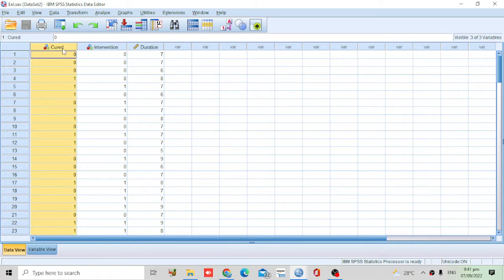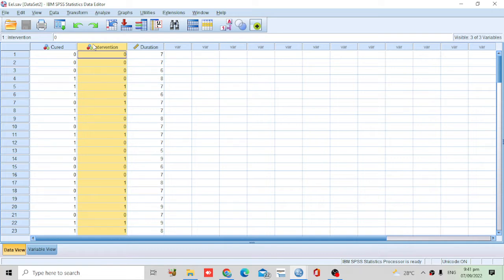That is what we call binary outcomes. So it is actually the probability of having a patient cured, which is equal to 1, and the probability of a patient having not cured. Then for the independent variable intervention, we have two levels, which is actually 0 and 1.